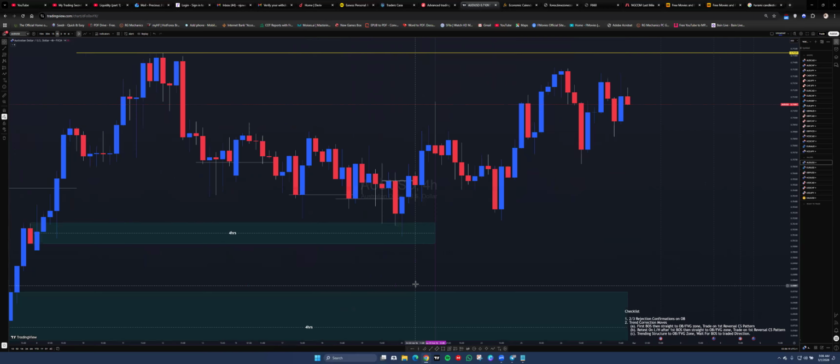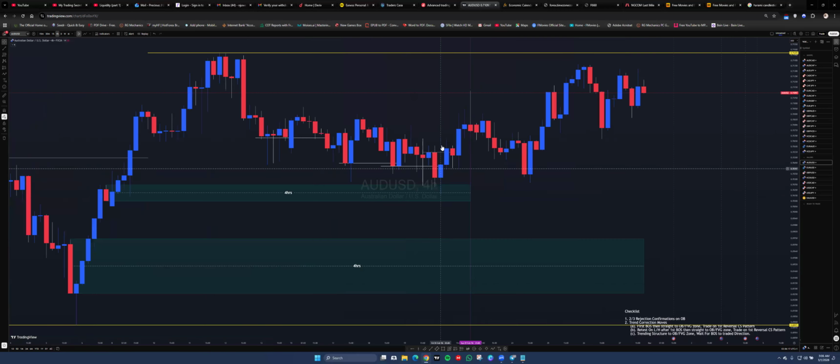So at this point, since there's a break of structure here, but we've not gotten a reversal and all of that, on a lower time frame, this is last week. Maybe you could have seen an entry here to buy this market, but we're looking at this week, right?